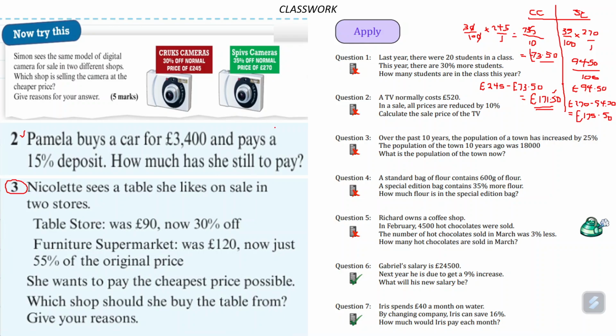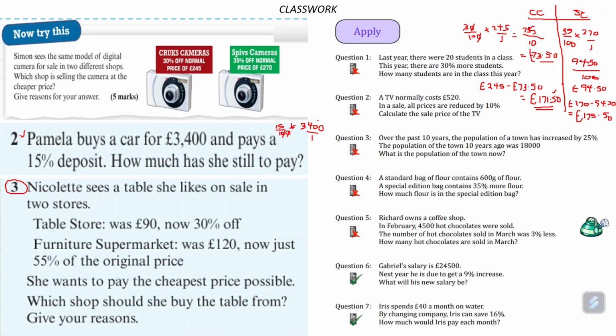So first thing first, you find 15% of 3,400. So that is 15% times 3,400.